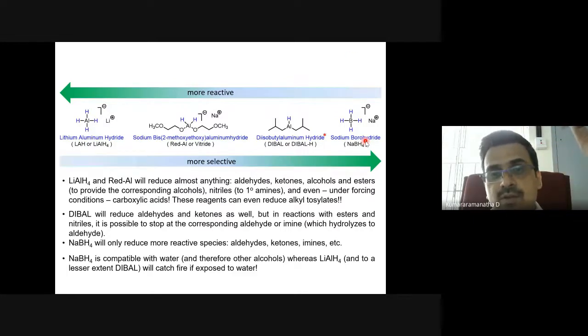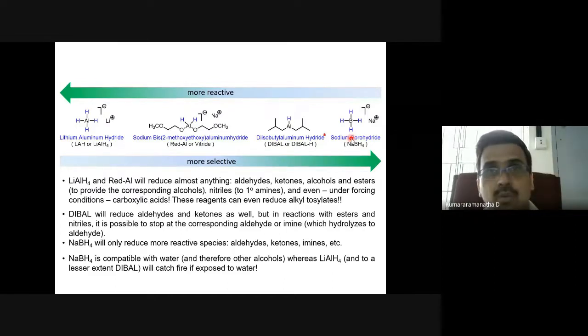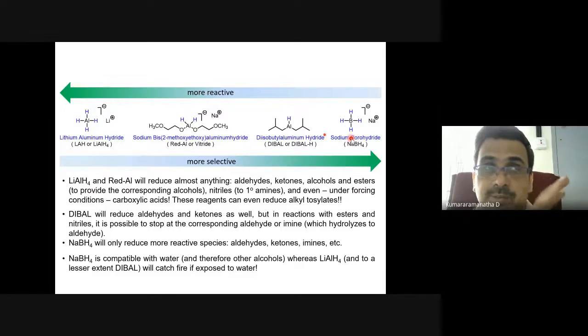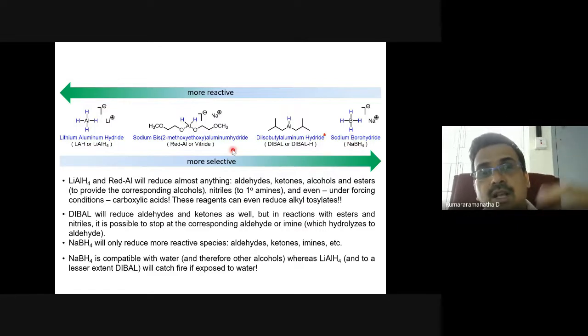This is the graph showing reactivity versus selectivity. Selectivity means I want the aldehyde group to be retained, I want double bonds to be preserved, I want to reduce only this. If you want selectivity versus reactivity, sodium borohydride is very good.